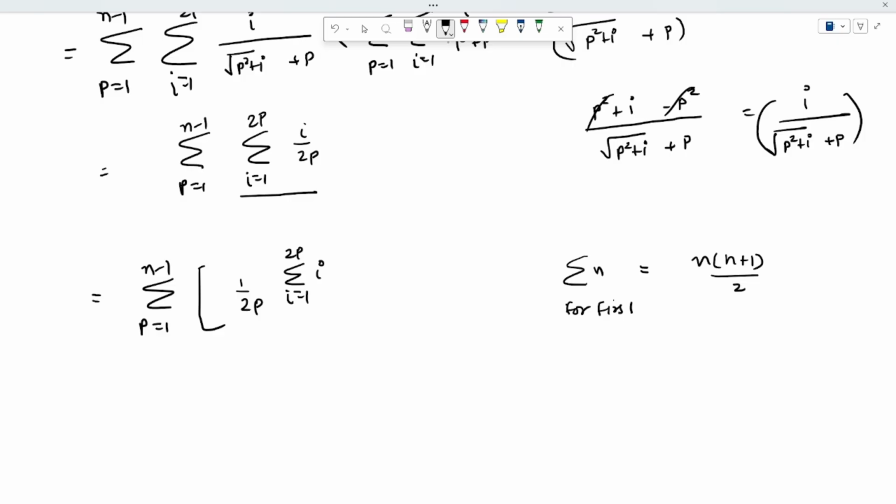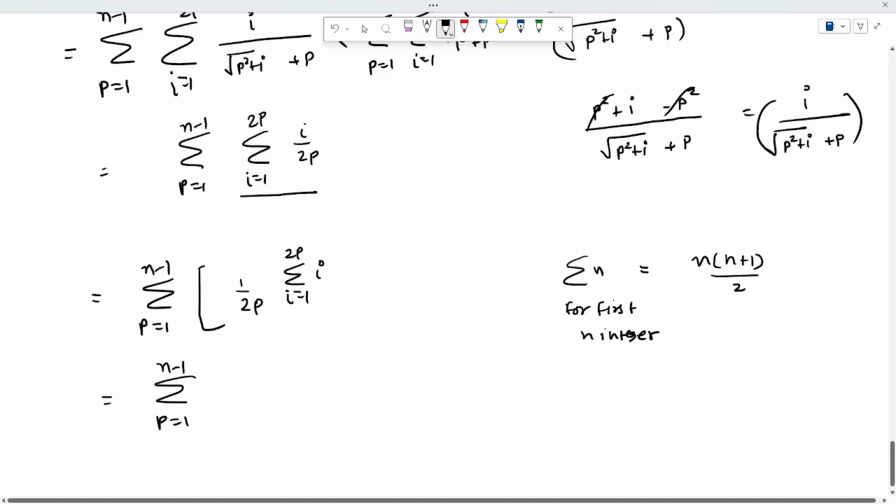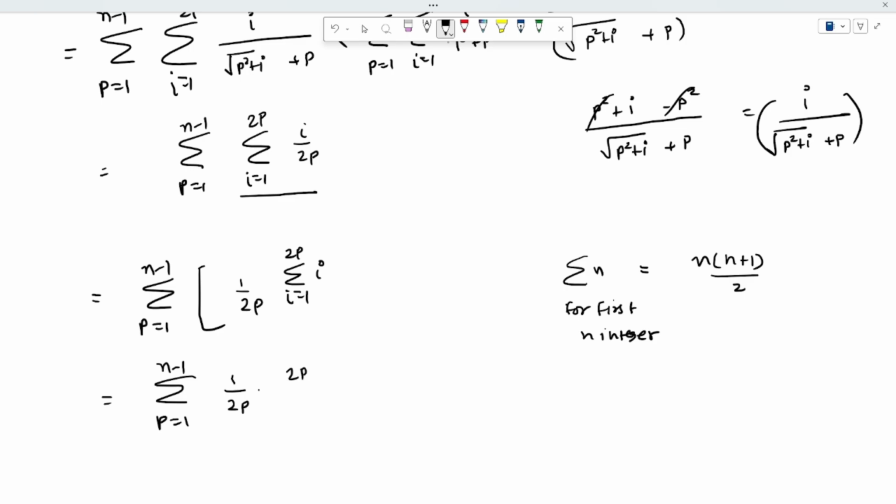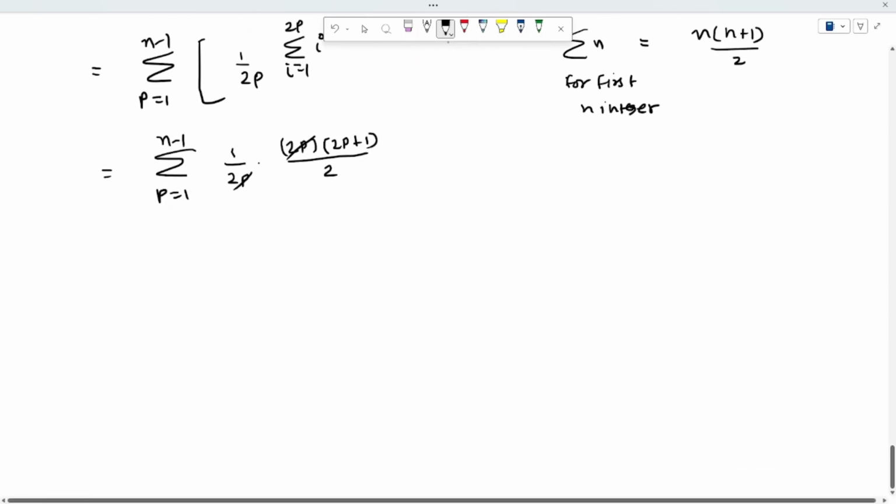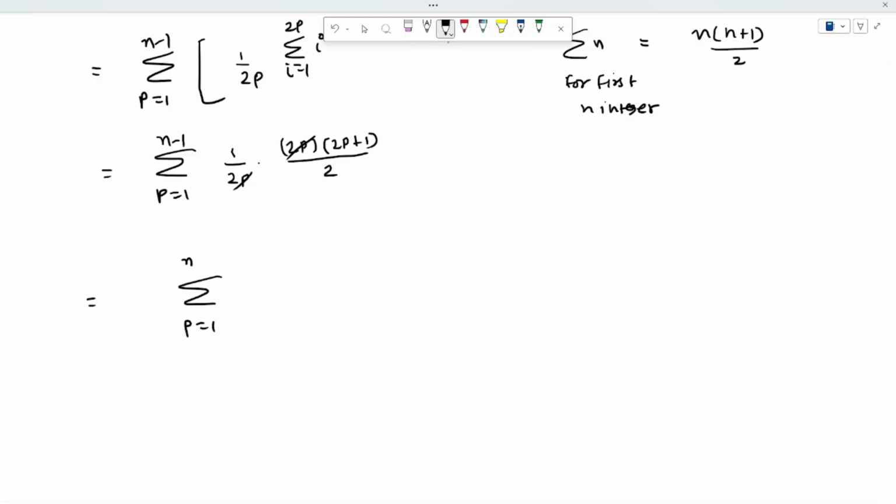Here the value of n is 2p. So the sum over p equals 1 to n minus 1 of 1 by 2p times 2p times 2p plus 1 divided by 2. The 2p cancels, and this is going to be the sum of 2p plus 1 divided by 2.